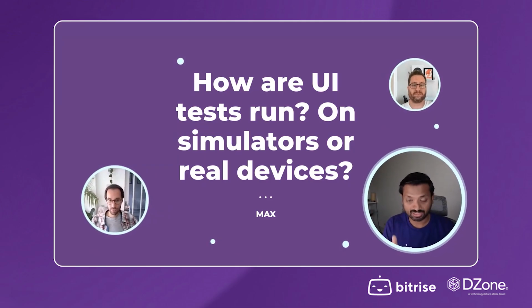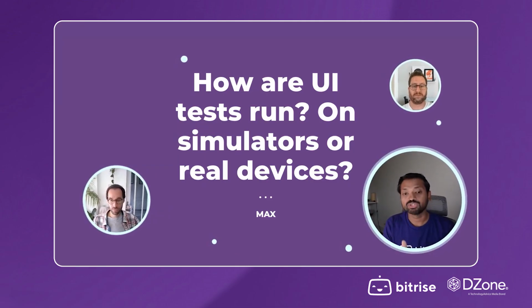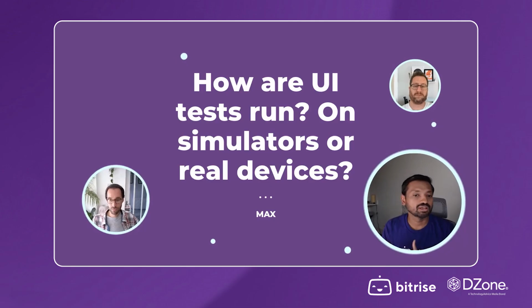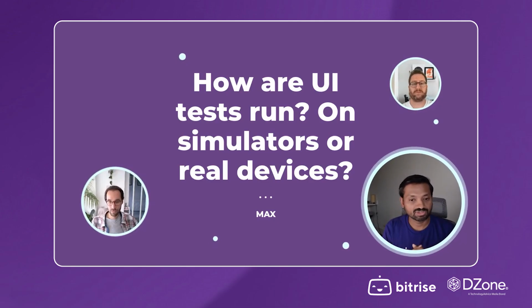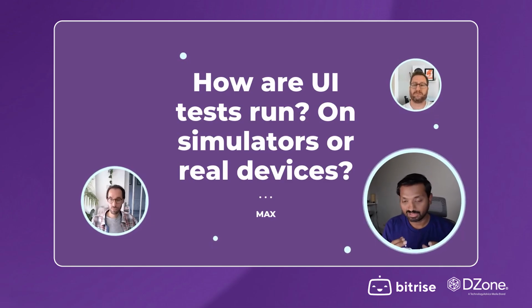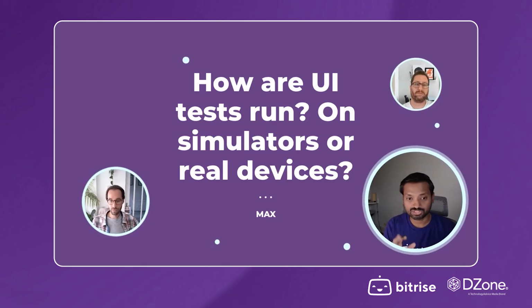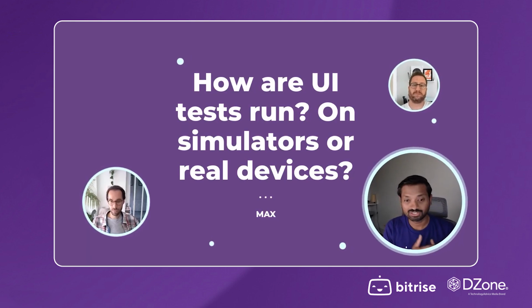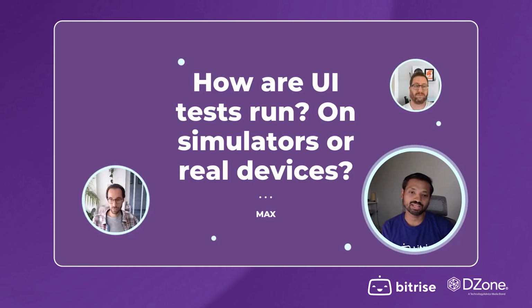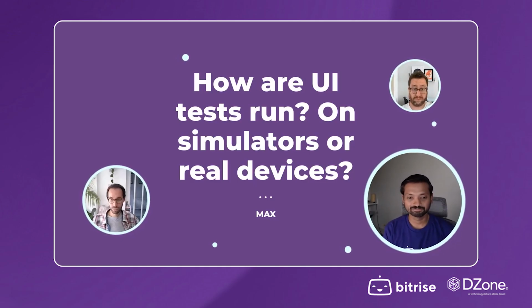An account is included, and you can use that for testing on real devices, including using Flank or just directly the Firebase test devices step. So you have both the options. And with simulators, you can run multiple simulators in Bitrise. You can run simulators in parallel, and you can find the right approach that works for you. Thank you, Max.